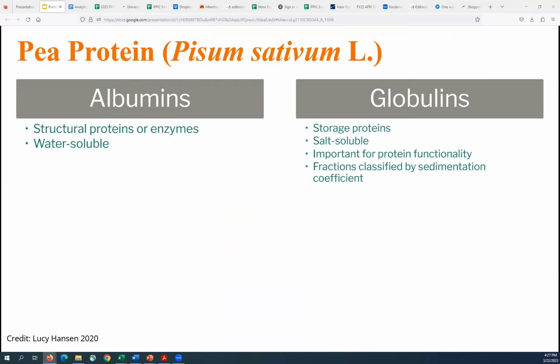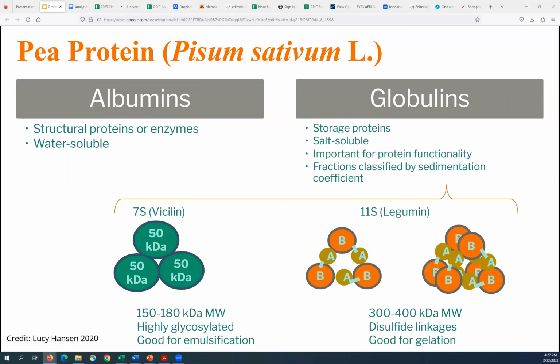Legumes consist of two classes of protein, albumin and globulin. Albumins are primary structural proteins or enzymes and make up between 10 and 40% of the total seed protein on average. Globulins, on the other hand, are storage proteins, and they comprise 40 to 90% of the total protein.